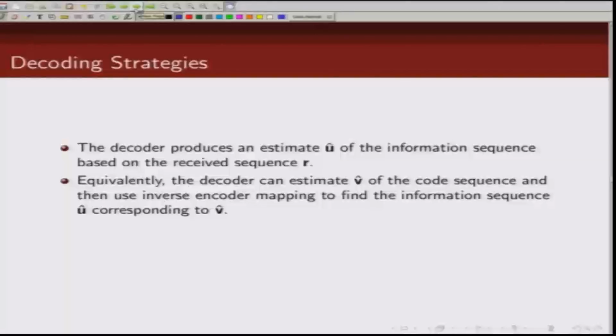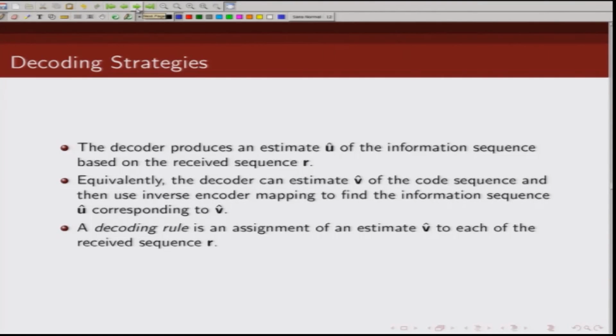So, equivalently, the decoder has to estimate the code sequence given a receive sequence R, because there is a one-to-one mapping from the message bits to the code bits.